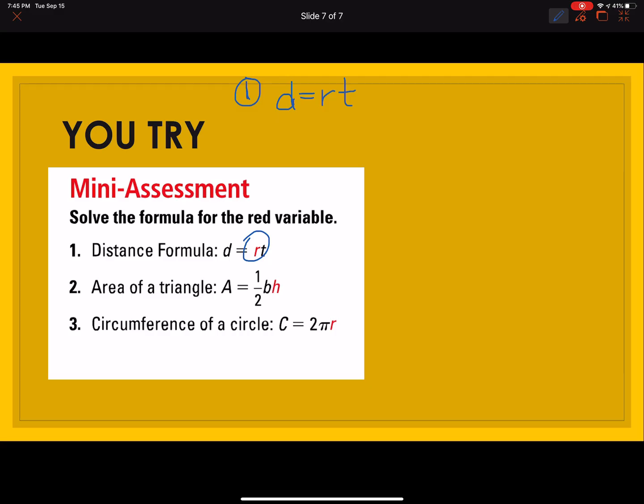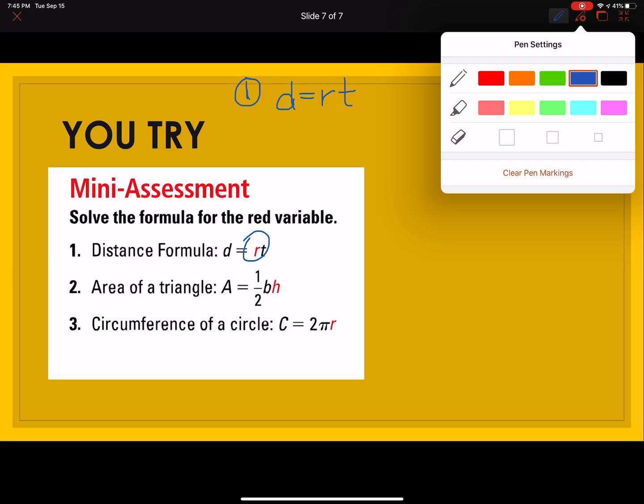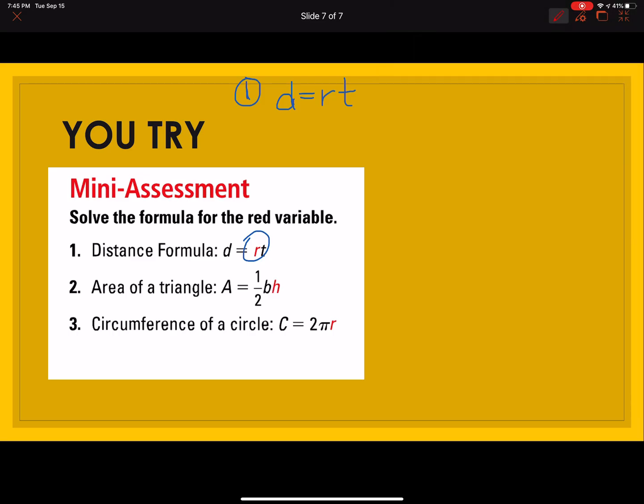So we're actually going to figure out what's going on where the R is located on the right side. R and T are side by side. That's telling us that they're multiplying. So I want to reverse that, and I want to divide. And I want to move the T away, so that's what I'm going to divide by.